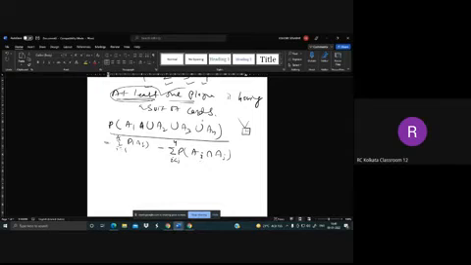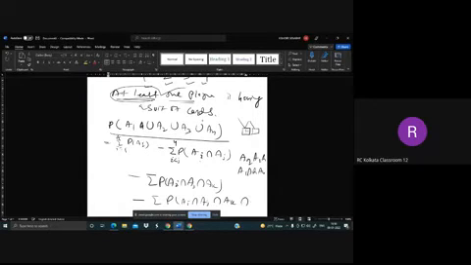Similarly, you might have three common players: A1 intersection A2 intersection A3, maybe A1 intersection A3, maybe A4. So you have to subtract that also: three events, Ai intersection Aj intersection Ak. And again you have to subtract all players, that is Ai, Aj, Ak, and Ap, because there are four players.